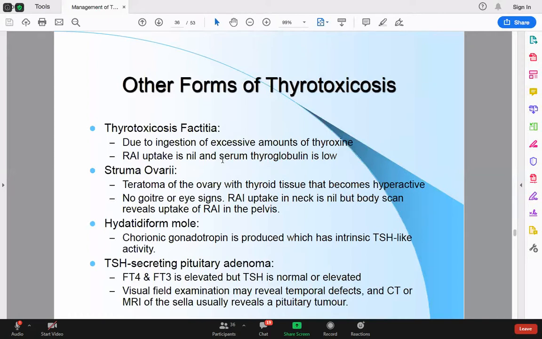Even some weight loss herbal medications, a mix of herbal ingredients, sometimes actually contain levothyroxine from animal sources, okay?